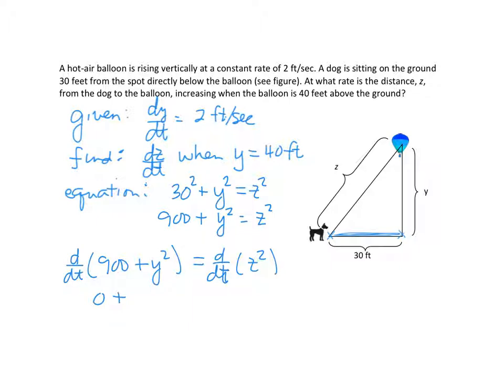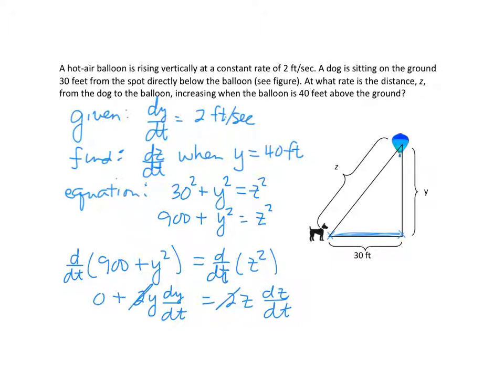The derivative of y squared is 2y times dy/dt. Do not forget the dy/dt. And the derivative of z squared with respect to t is 2z dz/dt. Now I can divide both sides by 2, right? 2's are gone.